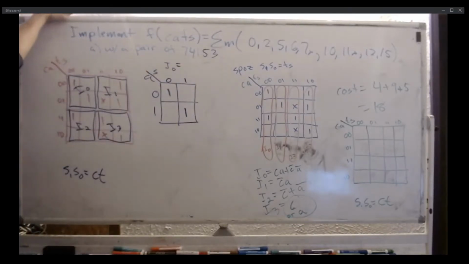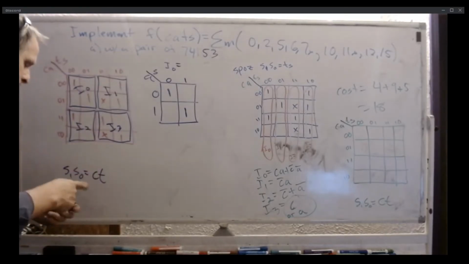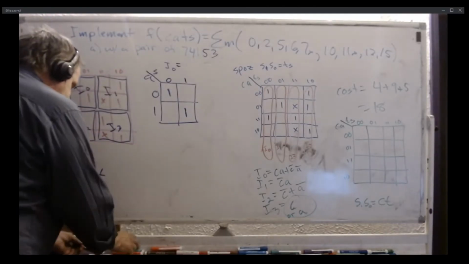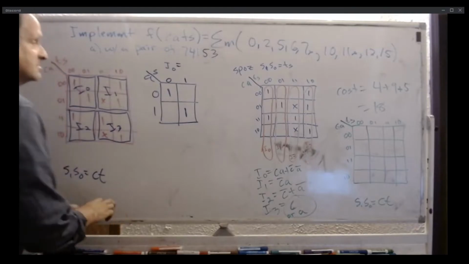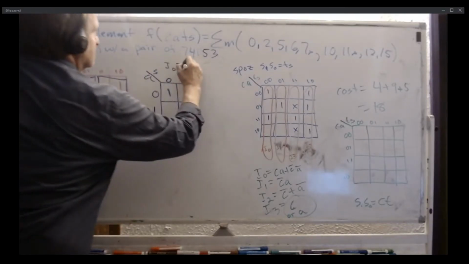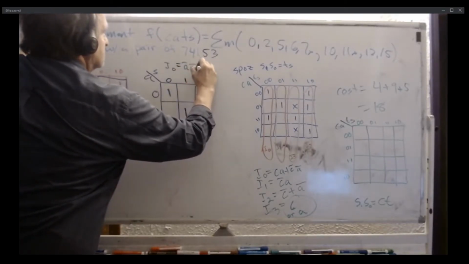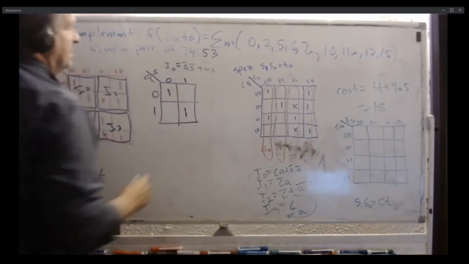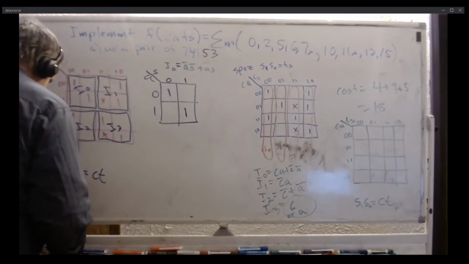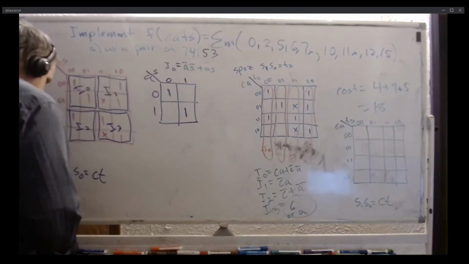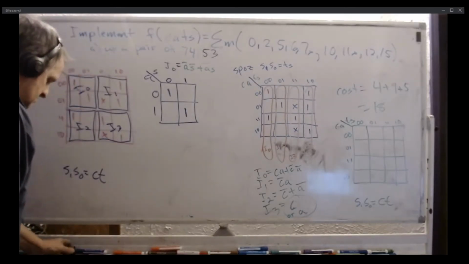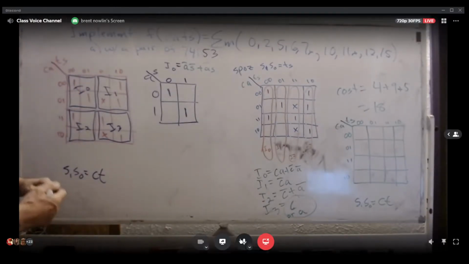What's I0? This is the ugly one, is it not? Yeah, that is A not S not with AS. That's exactly what I get. Everybody good with that?